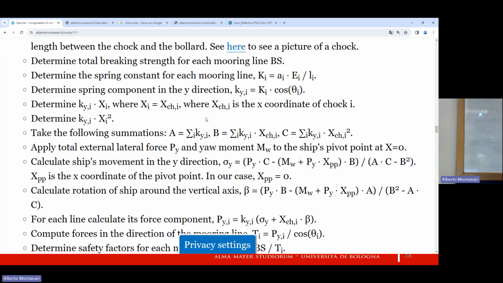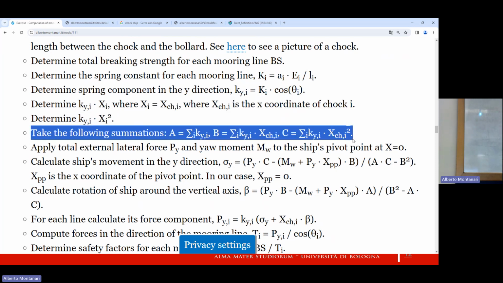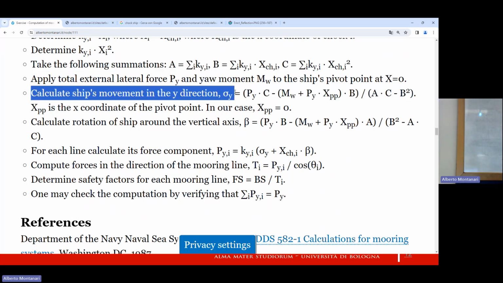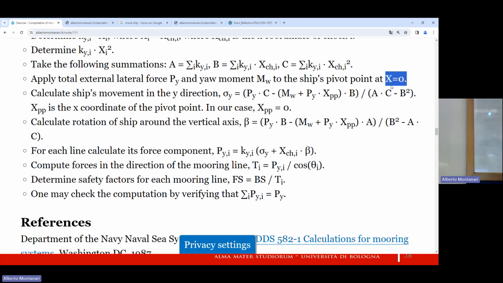Take the following summation. Symbols have been defined before. Apply now the wind forcing and yaw moment. And then we have to compute the ship's movement in the y direction, this formula.